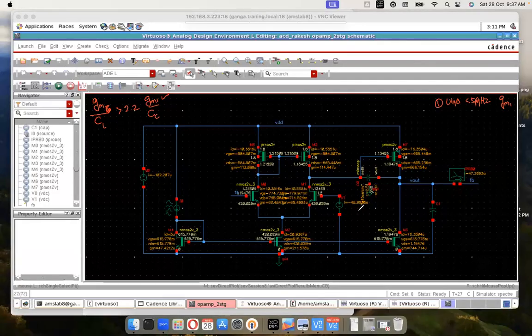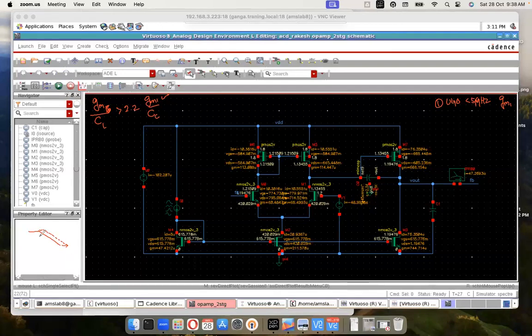Why? Because if GM6 is not improved, you had a curve more or less like this, right? So you're trying to move this towards the right, meaning your DC gain moves towards the left. You improve GM1, so is it right?